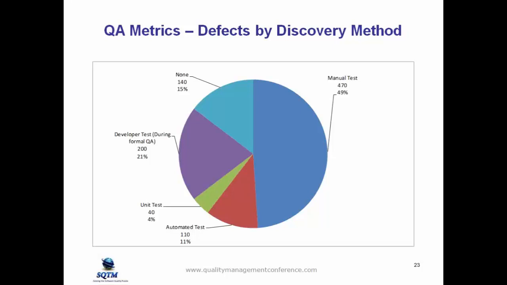Is that an acceptable return on investment for you? You're a test manager, you're spending $2 million a year on your automated testing team. Is that an acceptable return on investment for your automated scripts? It could be yes, it could be no.